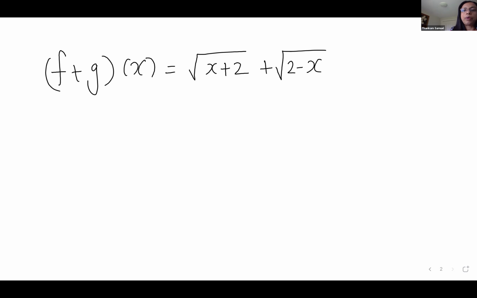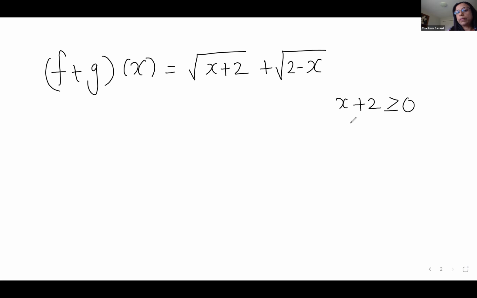So to find the domain of this combination, first we have to find the domain of each of these radical functions. To find the domain of the radical function, the rule is that the radicand, that is x plus 2, must be greater than or equal to 0.